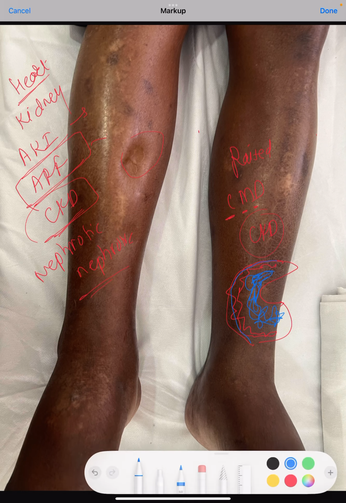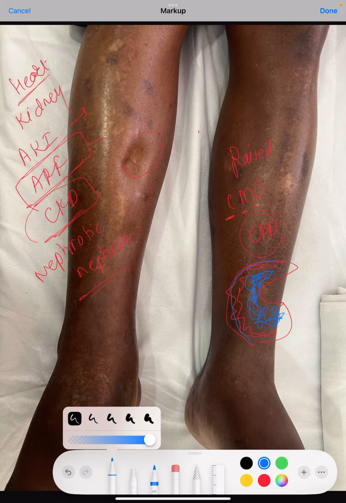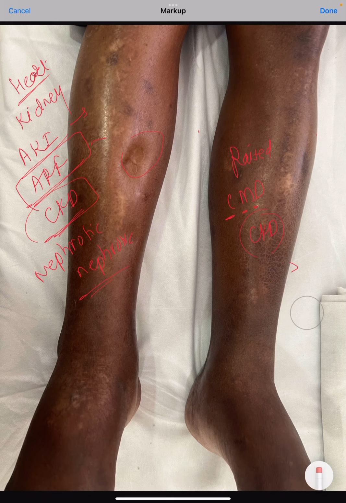But in CKD, it is very difficult to understand where this demarcation is. So in CKD patients, you will simply have a uniform echogenicity. There will not be a very clear-cut demarcation between medulla and cortex.